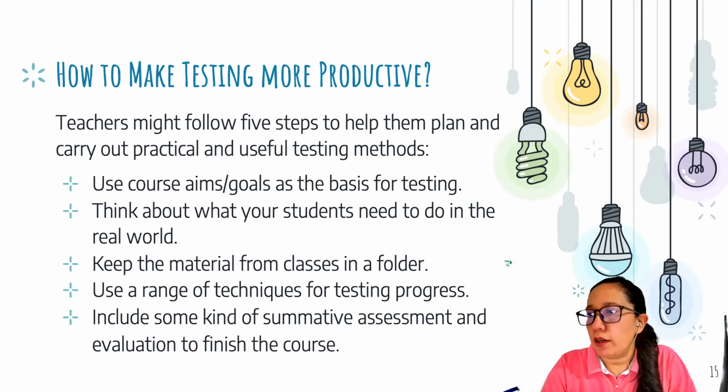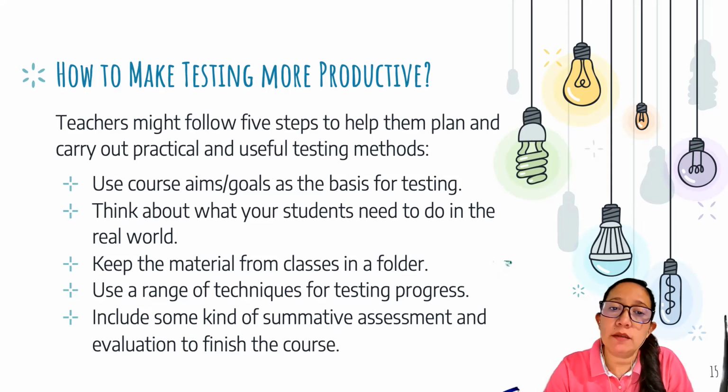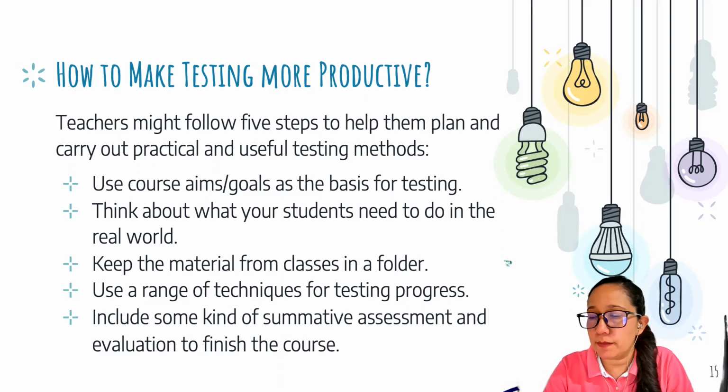How to make testing more productive? Teachers might follow five steps to help them plan and carry out practical and useful testing methods. The first one, use course aims as the basis for testing. Teachers should ask themselves what they actually need to test their students on.